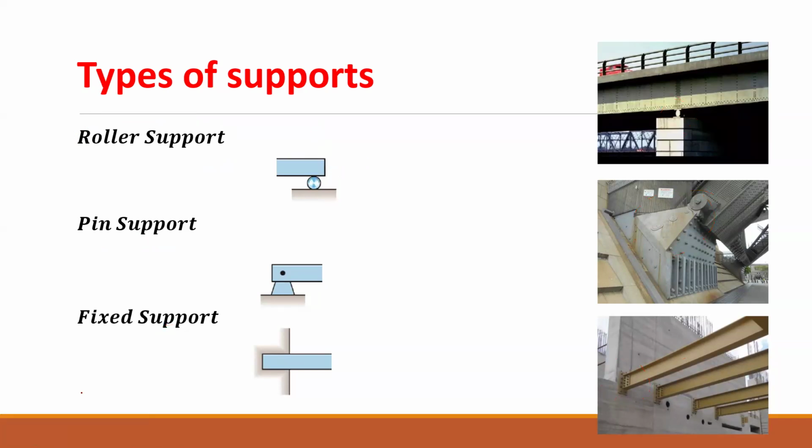So when you are replacing a roller support, you can replace it with just one reaction like this. When you think about the pin, you can keep your two hands together and think like you have a pin. You pin the two arms together. So what will happen now?